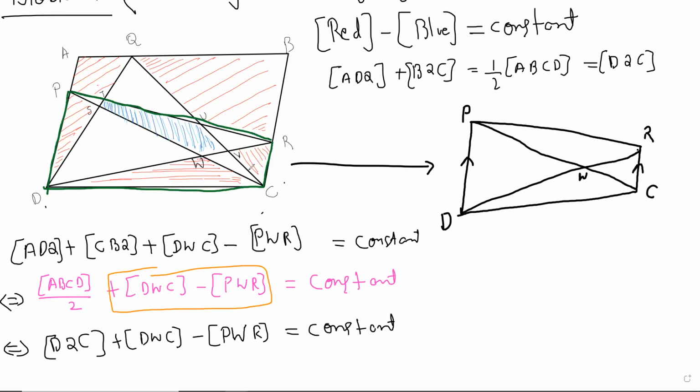So there's this trapezium, and you're looking at this PWR and DWC. It's not an isosceles trapezium, otherwise they are congruent triangles. But can we still say something precisely?